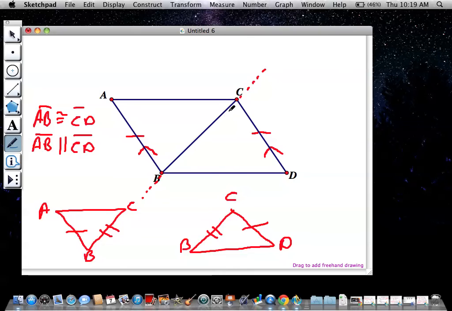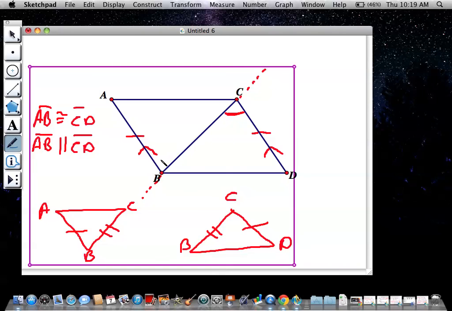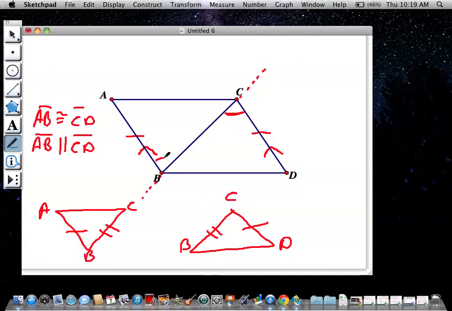This angle here is an interior angle, between the two parallel lines, and this one is also in between, so it is an interior angle as well. Since they're alternating interior angles, they must be congruent. So angle B is congruent to angle C.